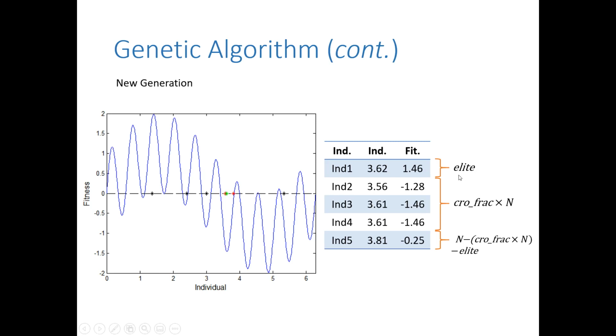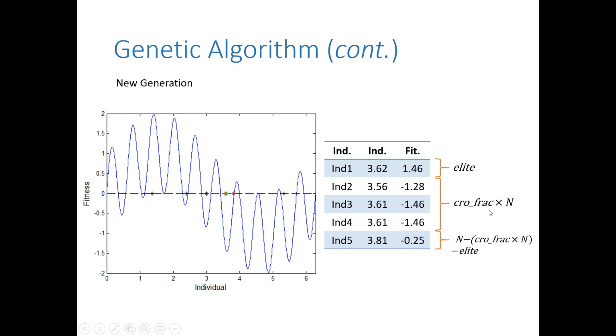One of the parameters is elite. If I say elite is 1, that means the fittest individual from my previous generation will be carried forward directly into our new generation. So in this example, elite equals 1. This individual is the fittest individual from the previous generation, so it's brought here directly.